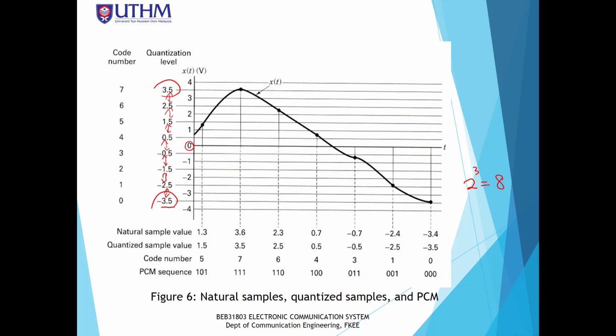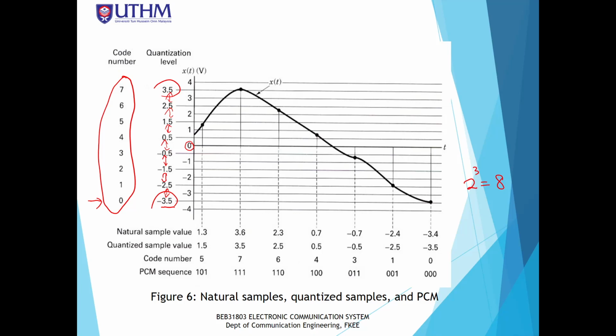And this is the code number which you will see later in the third process of formatting, which is the encoding process. The code number that we will give starts from the lowest quantized level to the highest quantized level. We will see about this in the third process later after quantization.